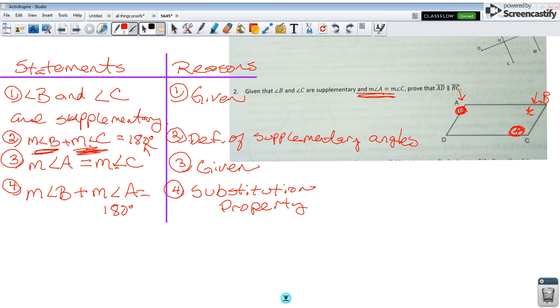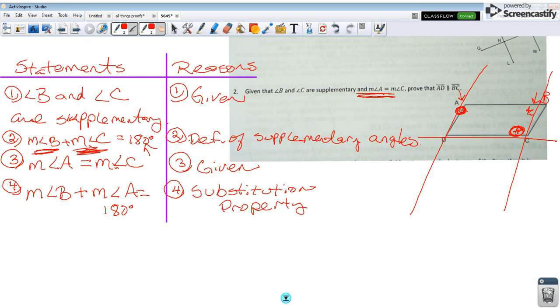Okay, now, why can we now conclude that AD is parallel to BC? Based on what we have so far, why can we conclude that AD is parallel to BC? They're not perpendicular because they're parallel. And why can't we say that they're parallel? Because they don't touch, A and C never intersect.